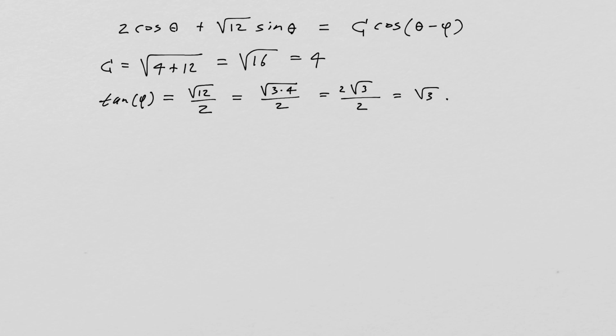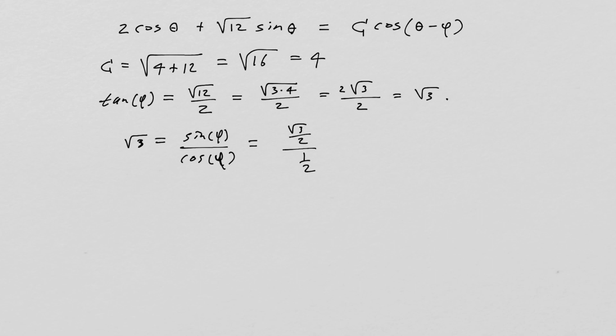Now let's understand what this is. The square root of 3, that's the same thing as, of course, sine phi over cosine of phi. And we know that if phi is equal to pi over 3, then we have the square root of 3 over 2 over 1/2, like that.